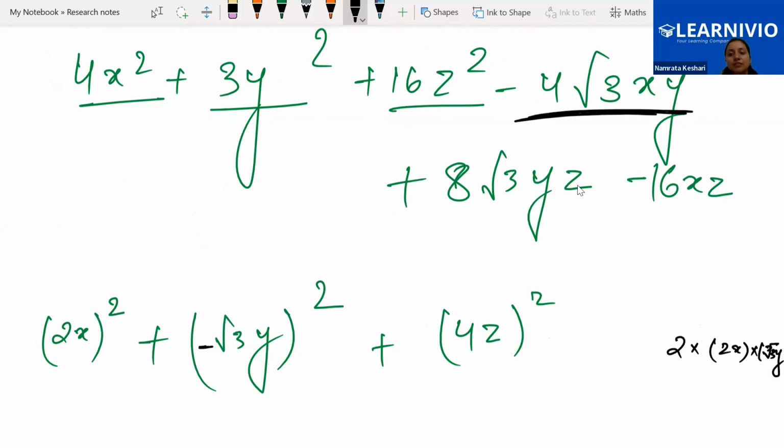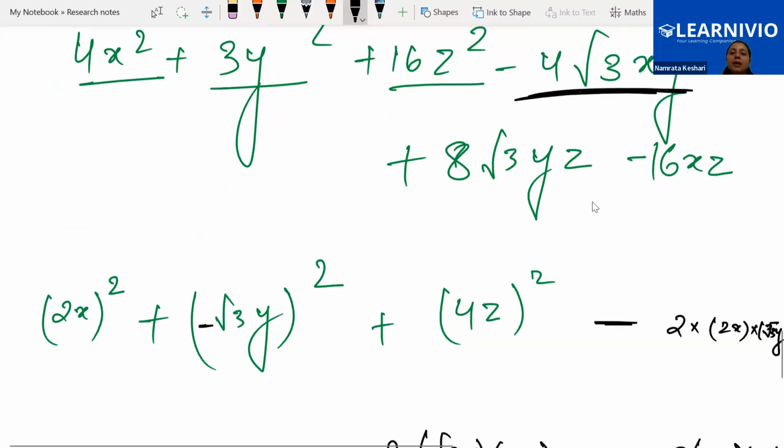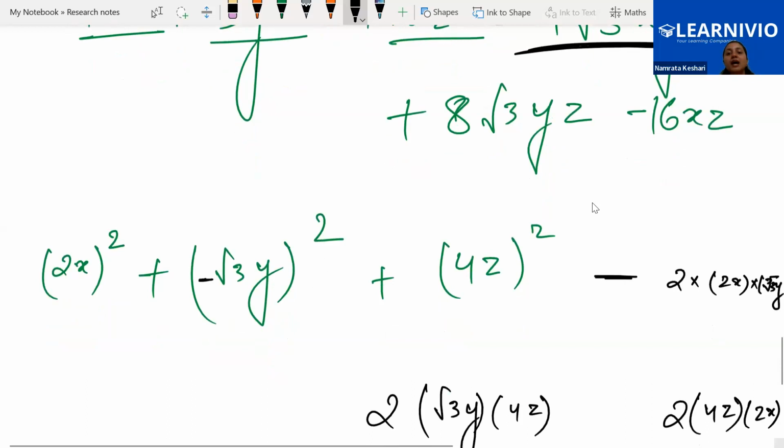Any one is negative, then only minus is there in the question. Now the next one we will match. 8 root 3 yz we have, but that is positive. The second one is already negative, but the product of second and third is positive. So maybe the last one is also negative. Then only minus multiplied together is plus.